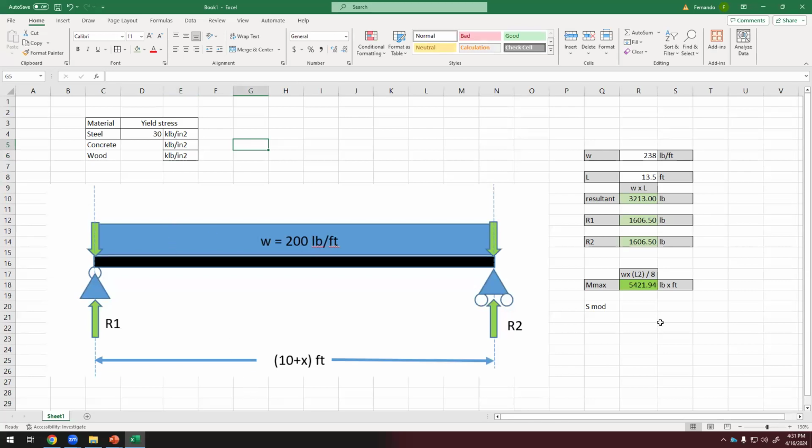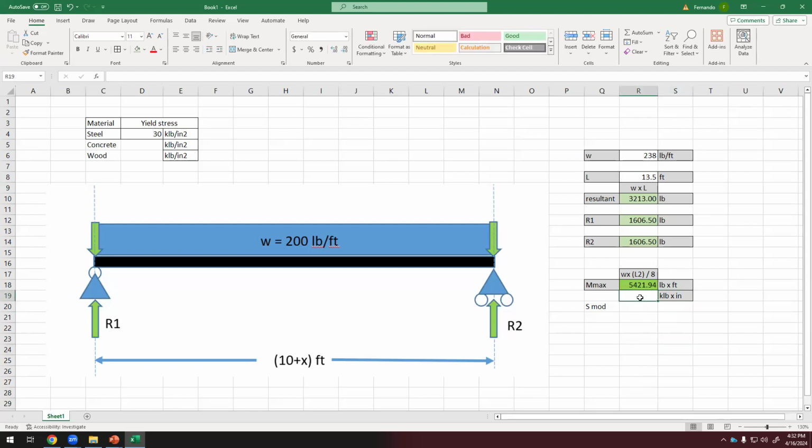Okay, so what's the section modulus? Here we have to be careful because of the units. This is the maximum bending moment in pounds per foot, but I need this in kilopounds per inch. So what do I have to do?